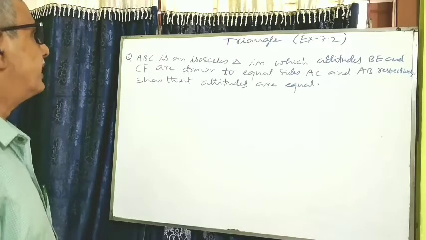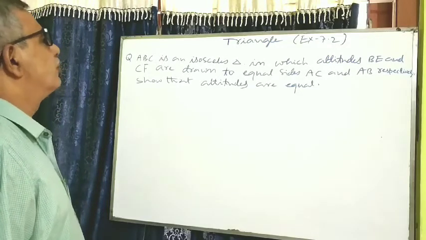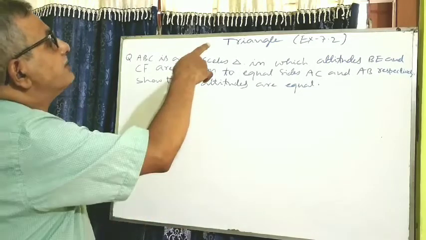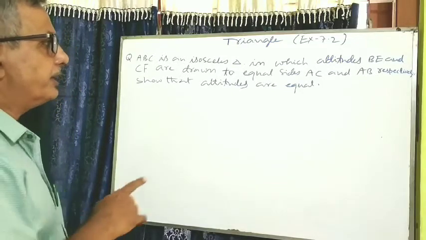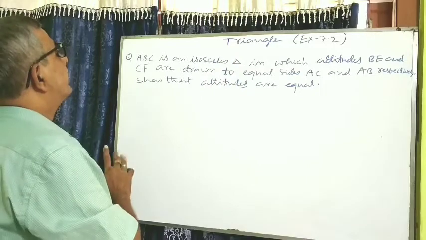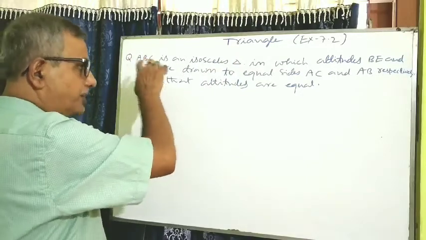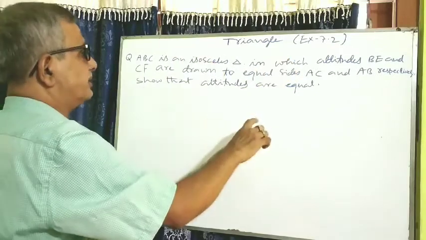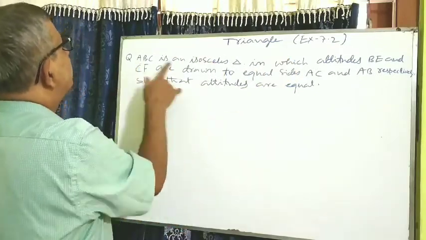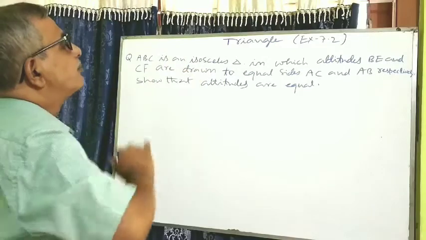Here I have selected a question to do from the Triangle chapter for class 9 students. Here you see, I have taken exercise 7.2. First of all, my dear students, you read the question and try to understand. Here the question is written like that: ABC is an isosceles triangle.